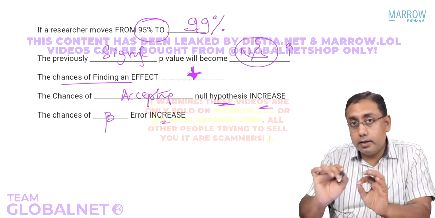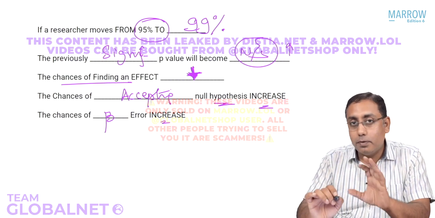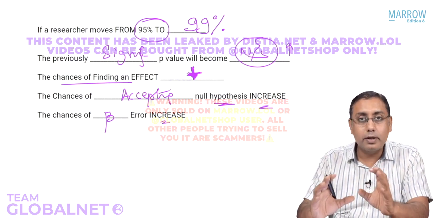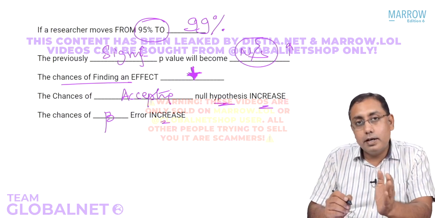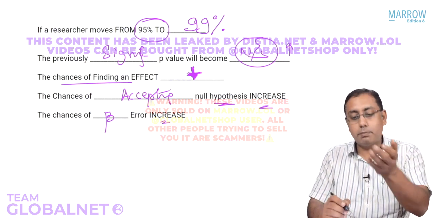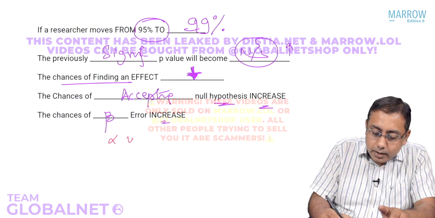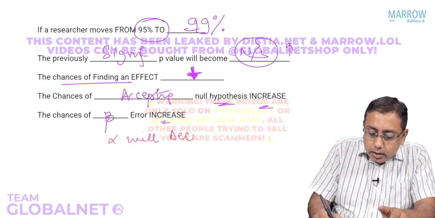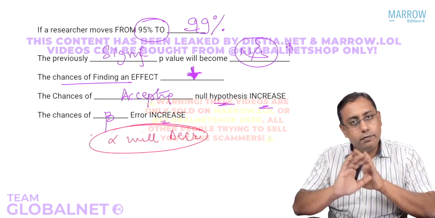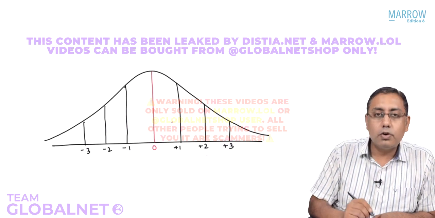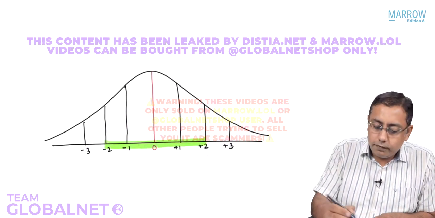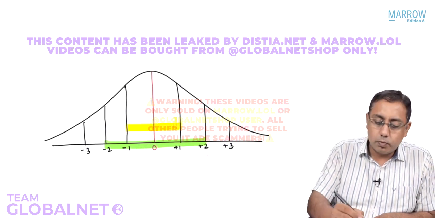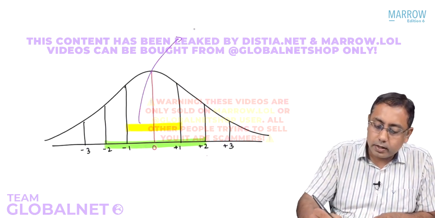Or talking in terms of alpha errors. You remember which error is more superior, more important? It is the alpha error we always talked of. So the chances of beta error will increase, but what happens to the alpha? The alpha will decrease. So in a nutshell, if this is your normal distribution curve, this is known as the normal zone. If you make this the normal zone, what is going to happen to your alpha errors?